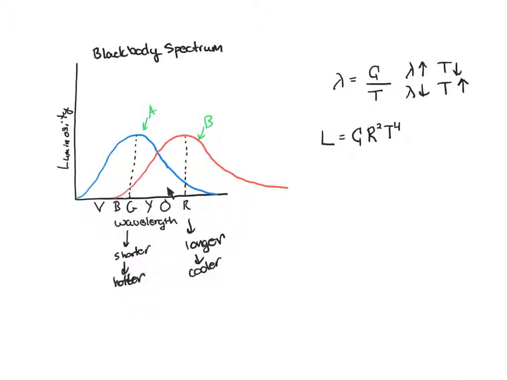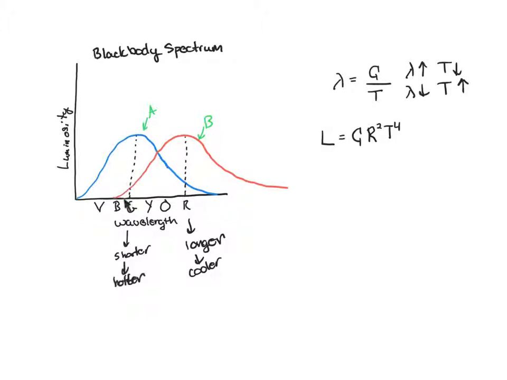So it does emit red, orange, yellow photons, but we would see it more at whatever the peak wavelength is. So we'd see this as more of a green-yellow star. Alright, so thus far we've learned that the wavelength of maximum luminosity, flux, energy output, whatever your professor prefers to use, gives us the temperature of the star.